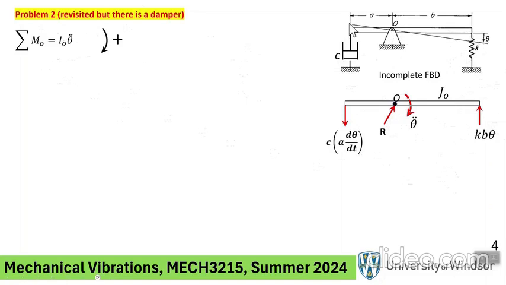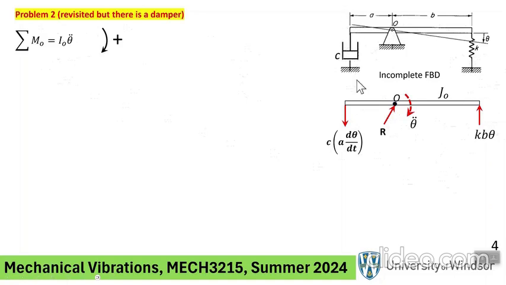Now, as far as the damping force is concerned, it is proportional to the velocity. If you look at the stretching of this damper, it is going to be a times theta, but since we're talking about velocity, it's going to be a theta dot.